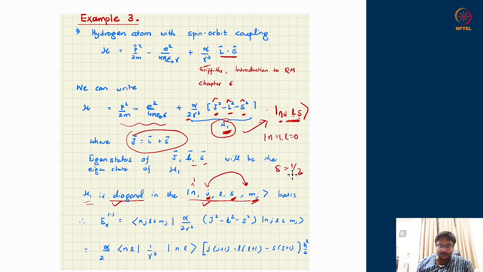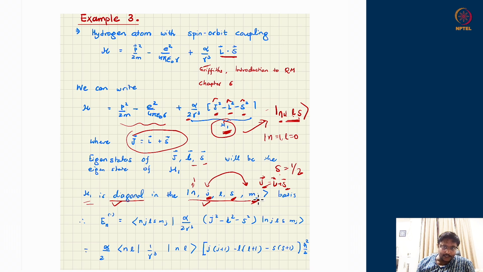spin half, electron is a spin half object. So even for n is equal to 1, J can take a value half. Since S is half, J is L plus S. So therefore the magnitude of J is magnitude of S, which is half. In the sense of eigenvalue, it is half into half plus 1, but magnitude of J vector is magnitude of S vector. And its Z component is twofold.